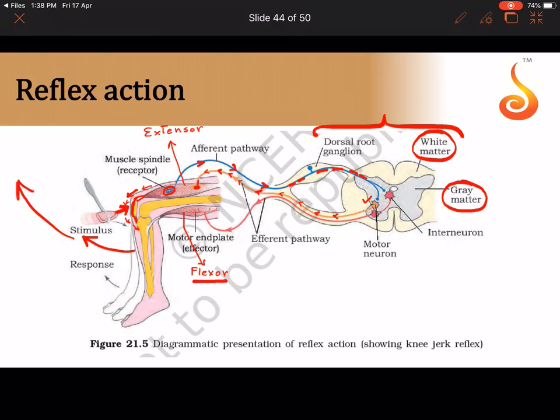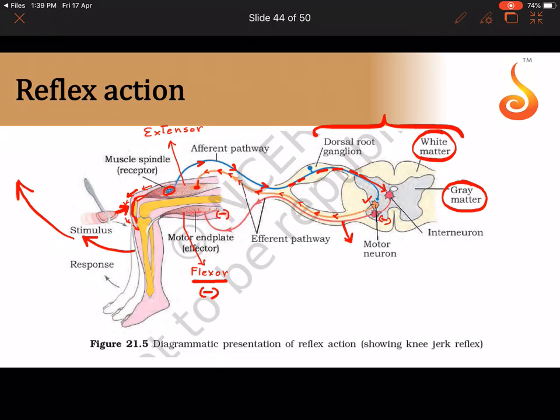For this to happen, the lower muscle, that is flexor, must be in an inhibited condition. That's why the sensory neuron gives out a second branch which activates an interneuron which blocks the activity of this pink motor neuron, so that this pink motor neuron does not carry any signals to this flexor muscle.